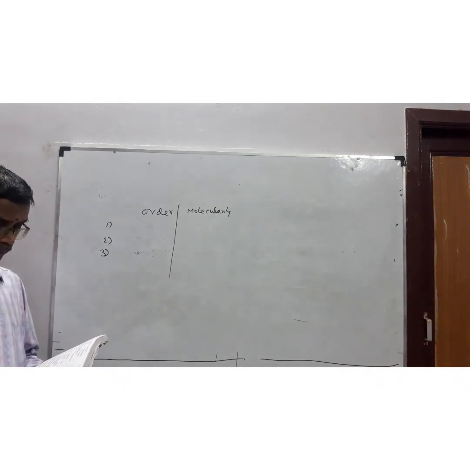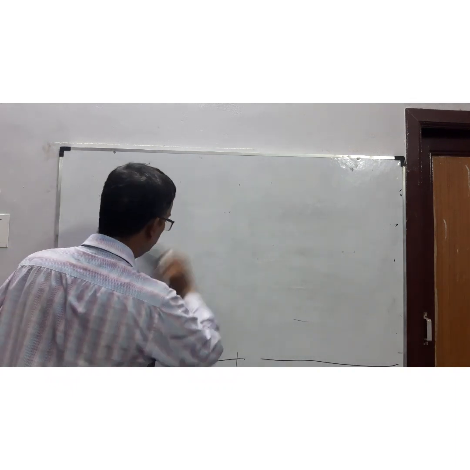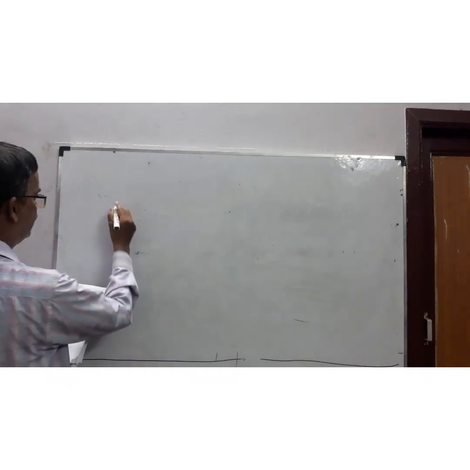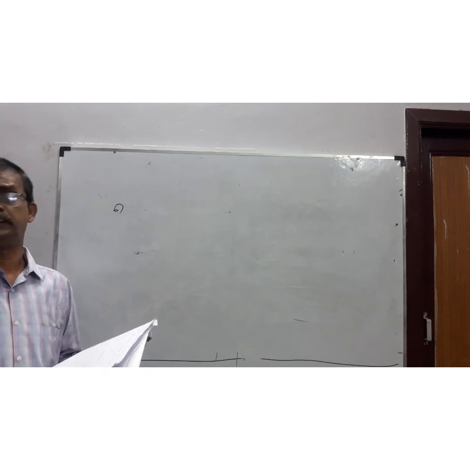Sixth question. Explain the rate determining step with an example. Rate determining step means the slowest elementary step.